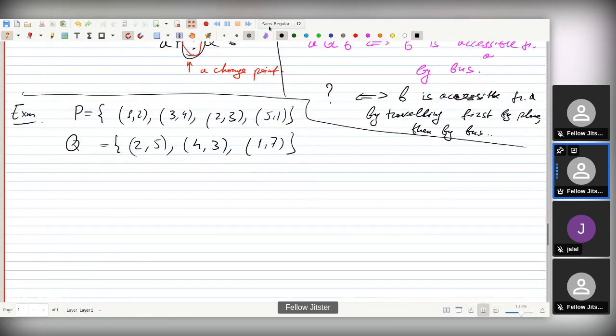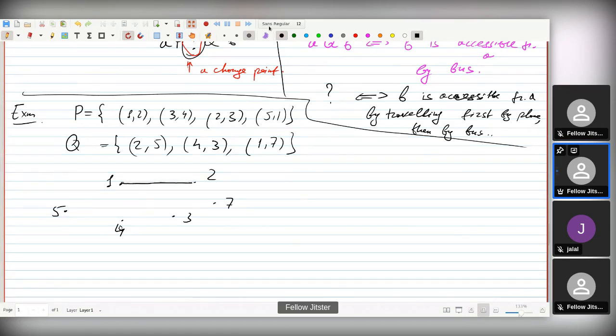First of all, let us make a diagram, a joint diagram for these two relations. So we have 1, 2, 3, 4. What else? Which points do we need? 5 and 7. Let us make P arrows black.